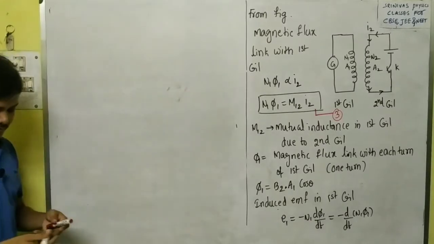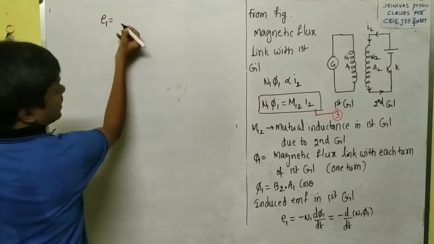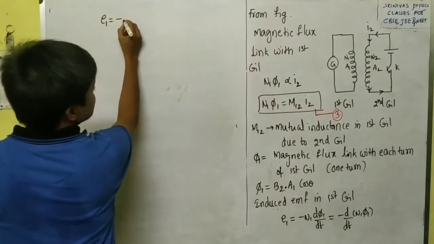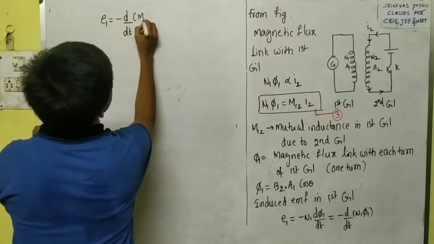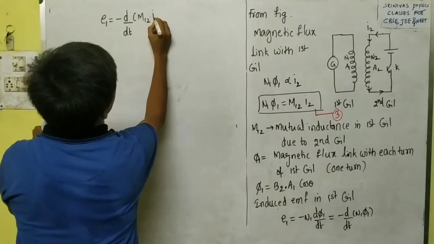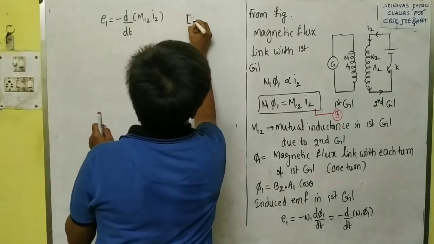Right, let us see here. We can simplify that. Induced EMF in the first coil we can write as minus d by dt of N1 phi 1, and we write phi 1 as M12 into I2. This is from equation 3.